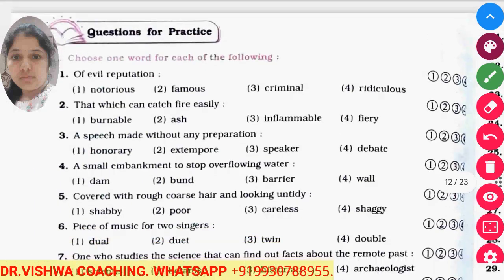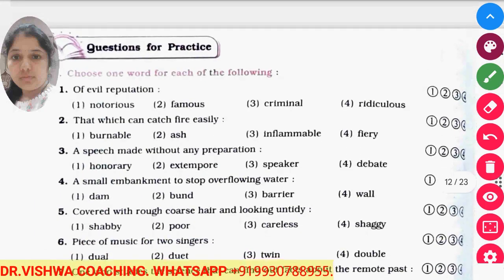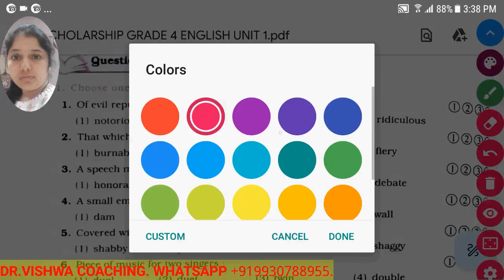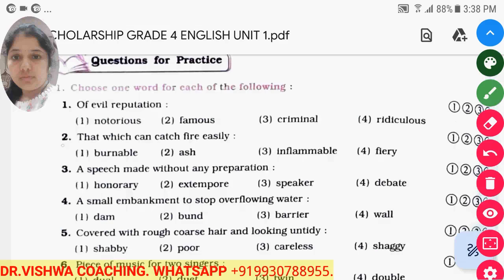Now we will directly move to the practice exercise. We have to choose one word for each of the following groups of words. Of evil reputation, the person or thing which has evil reputation, we have to find.